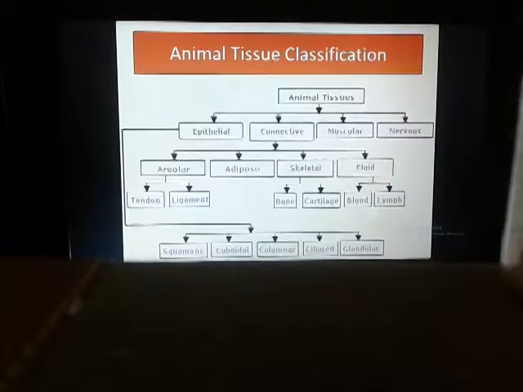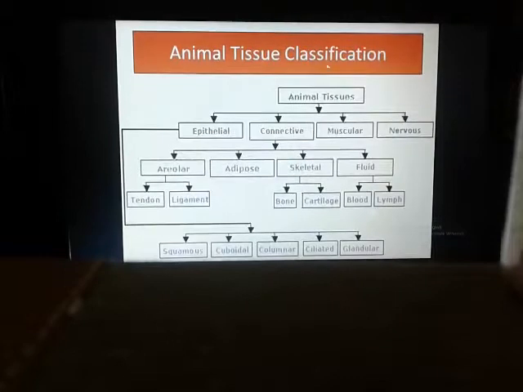So this is the summary, or the classification of animal tissues. Animal tissues have been broadly classified into 4 categories: epithelial, connective, muscular, and nervous tissues.